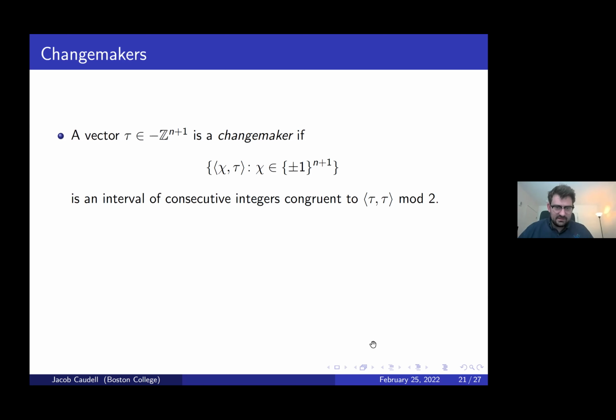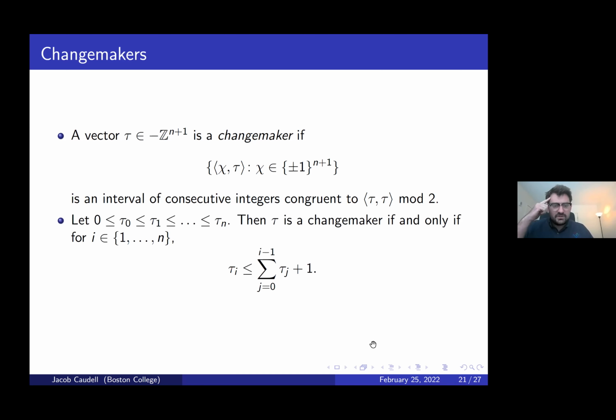This is the less sexy, the less familiar definition, because really this admits a reformulation into this cute little combinatorial property. So if I write out all the coordinates of tau and I write them in increasing order, say they're all positive or all non-negative, then tau is a changemaker if and only if t_i is less than the sum of all previous t_j plus 1.